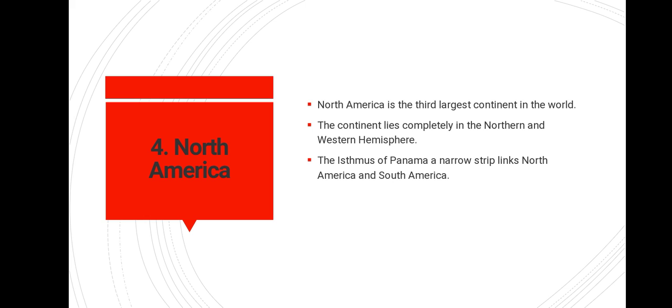The Isthmus of Panama, a narrow strip, links North America and South America. Isthmus means a narrow strip of landmass that joins two big landmasses. By the Isthmus of Panama, North America and South America are connected.